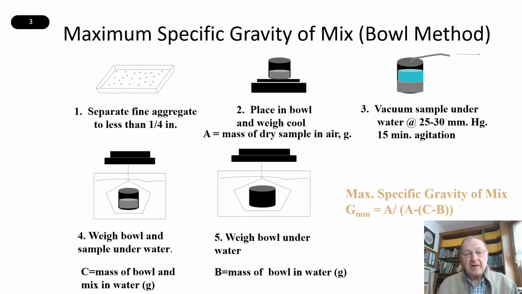After this time, we release the vacuum and weigh the bowl and the sample together under water. That gives us the mass of the bowl and the mix in water. Then we will need to know the weight of the bowl by itself, underwater. That gives us B, the mass of the bowl in water.